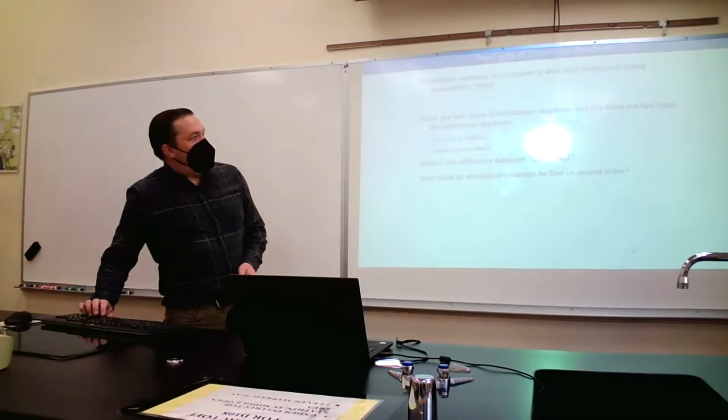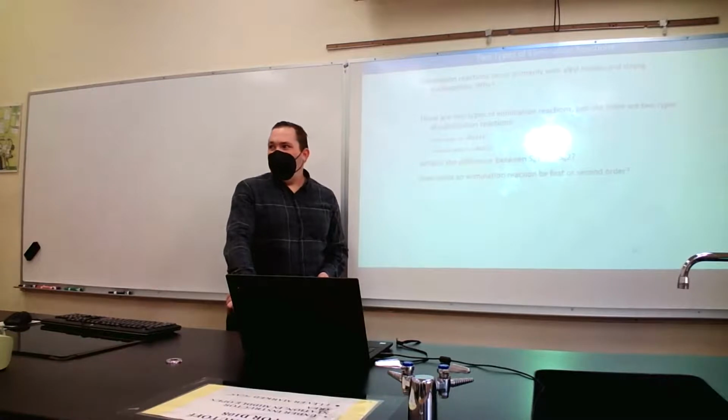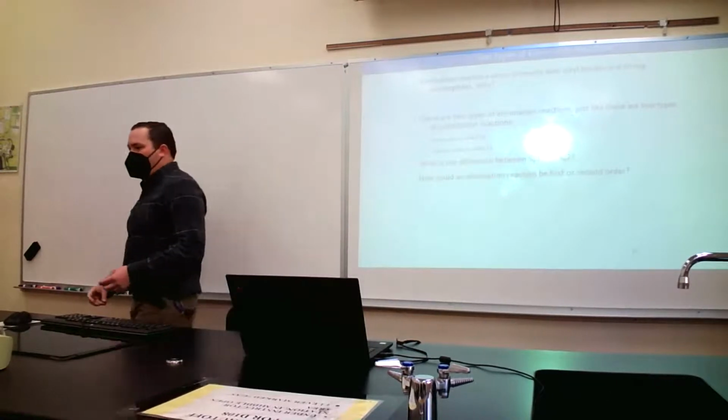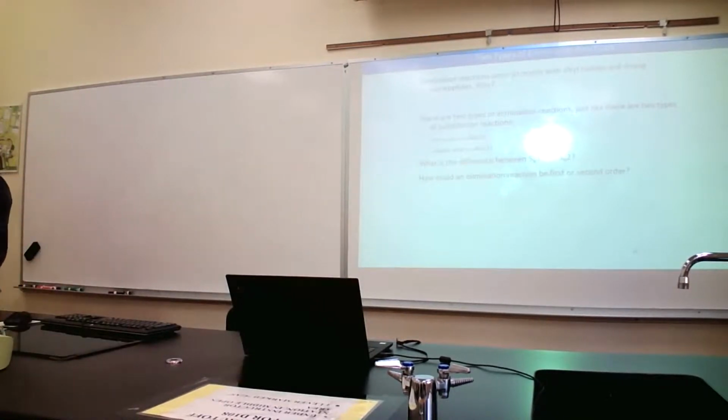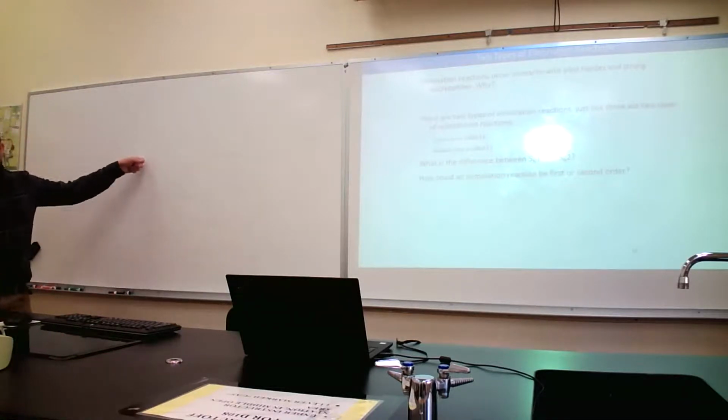How could an elimination reaction be first or second order? What would first order look like? What does first order substitution look like? Yeah, because what's the first thing that happens? The leaving group leaves. So for E1, we would expect the same first step: the leaving group leaves.